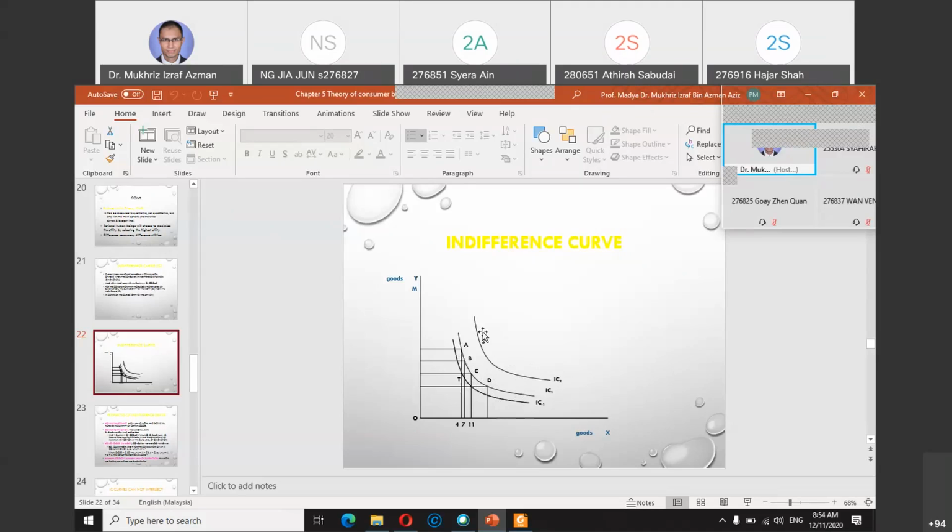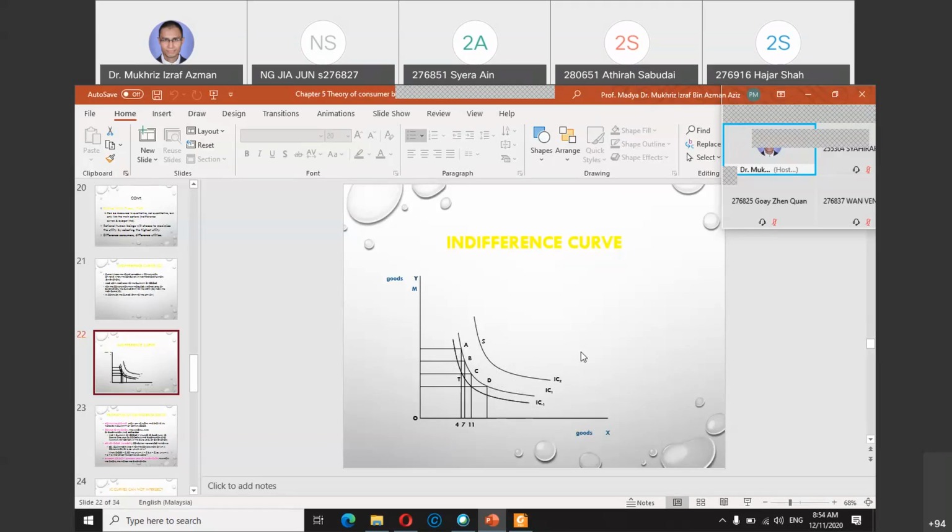You can move to a new indifference curve due to two reasons, and the same thing here: your indifference curve can drop, or go to the left, also due to two factors. The first one is your income.